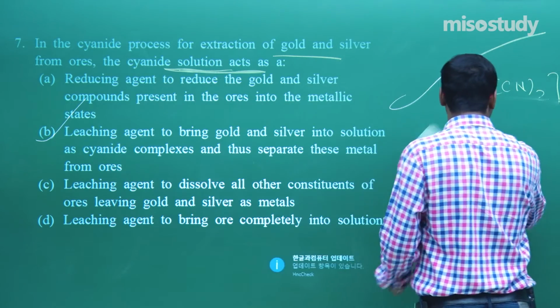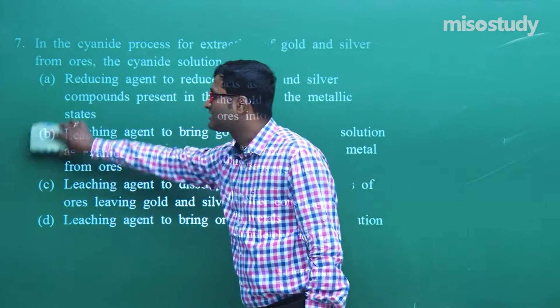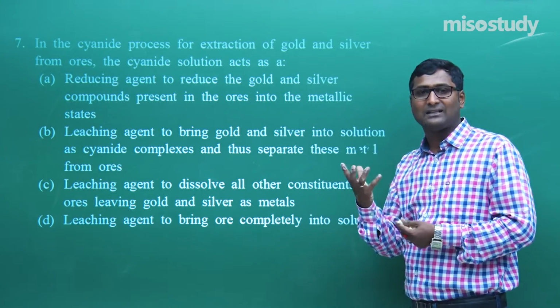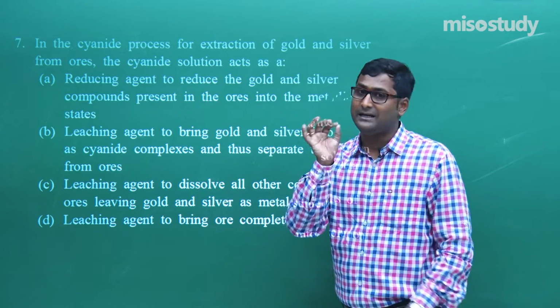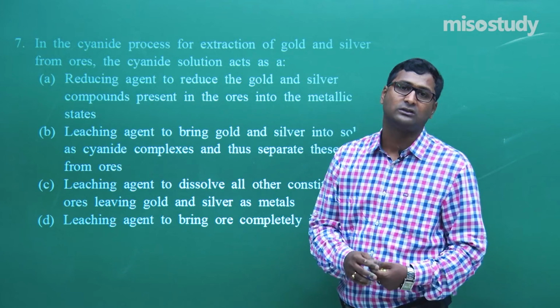As I told you earlier, for this chapter, the Ellingham diagram and the extraction of Zn, Cu and alloys are very important points. You have to focus on these. The Ellingham diagram is completely based on thermodynamics.